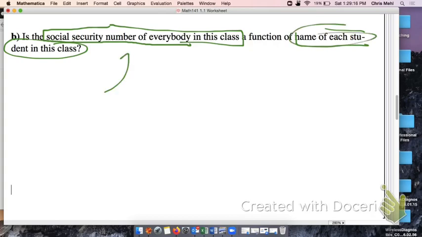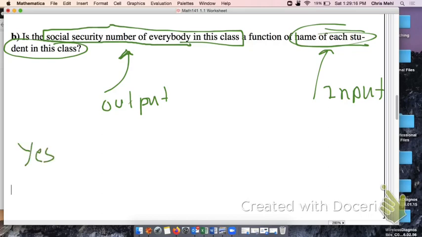So again, if you're going to relate two quantities, the output is a function of the input, and you have to make sure that each input gets assigned only one output. Well, assuming none of you have the same name, which you don't, since each of your names are the inputs, this function assigns to each of your names your social security number.